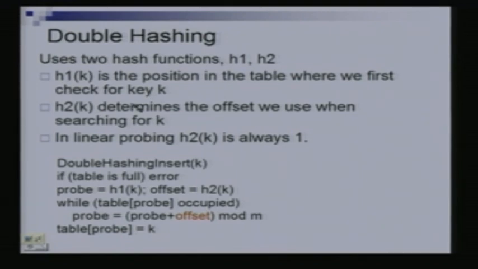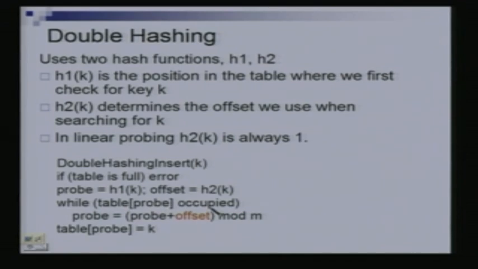Then h2 of k will tell me the offset from the first position where I am going to look again for the key k. Let's look at this piece of code. Probe is set to h1 of k, so that's the first position I look at, and offset is set to h2 of k. First, I'll look at the location specified by probe in the table.